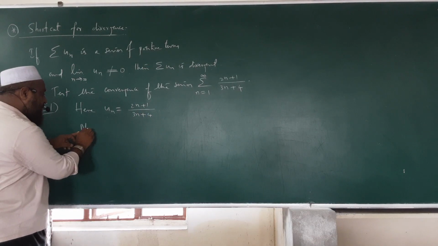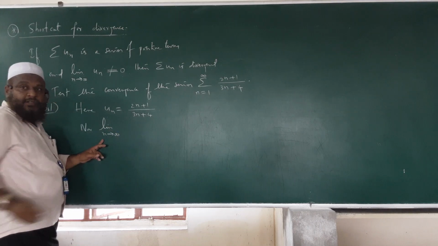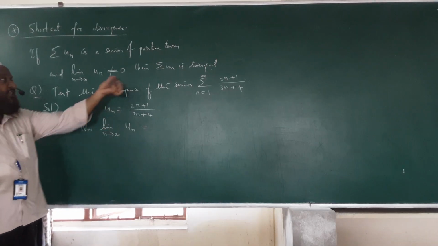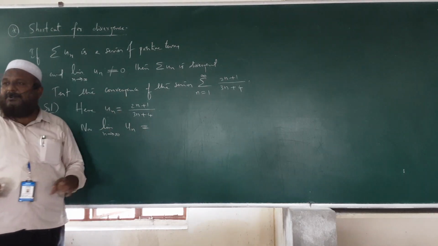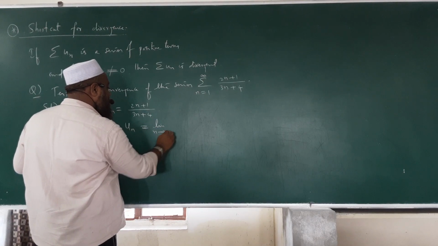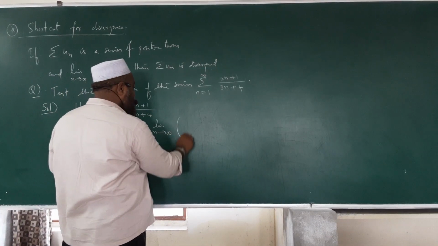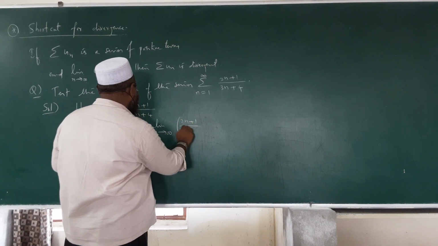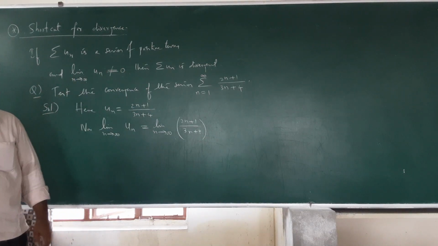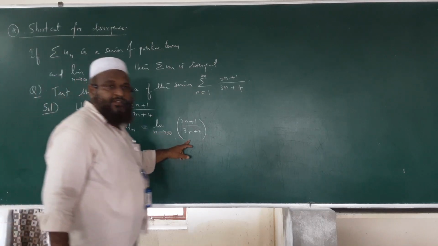What is now the limit as n tends to infinity of un, no other thing, just un? So un is this much. So what is that? Limit n tends to infinity, 2n plus 1 divided by 3n plus 4. How do you calculate this limit? Simply divide both numerator and denominator by n.